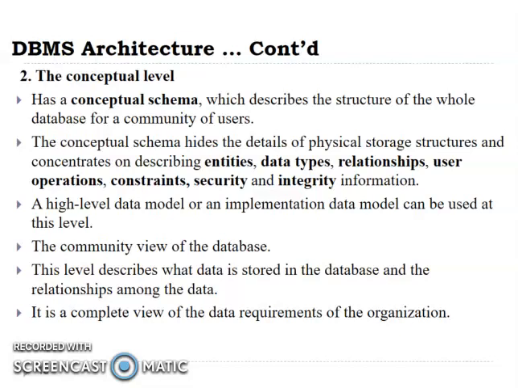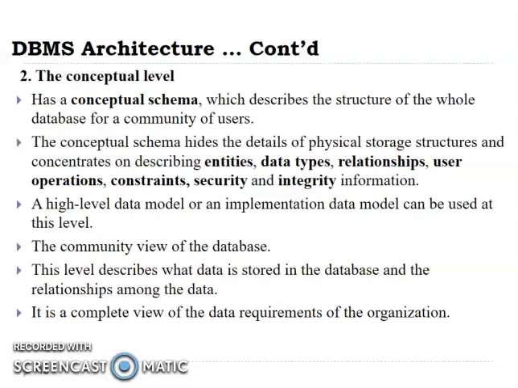So this conceptual level is concerned with something other than detailed description. It only focuses on what data we store, which data types we may use, what kinds of relationships there are between entities, what kinds of user operations there are, what constraints must be fulfilled to use the database, what kinds of security may be implemented, and what kinds of integrity information there are.